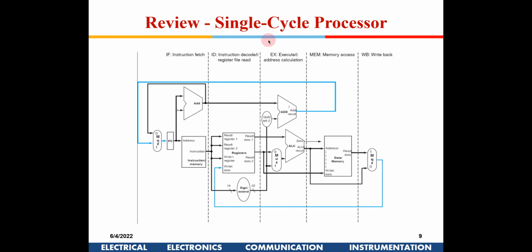Now, if you see a simple processor block diagram, this is known as the fetch. Here you have instruction memory, and the program counter tells how to decode the instruction. What is the input coming to the program counter?